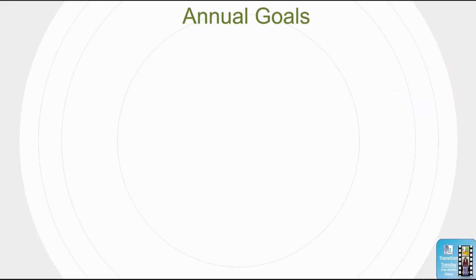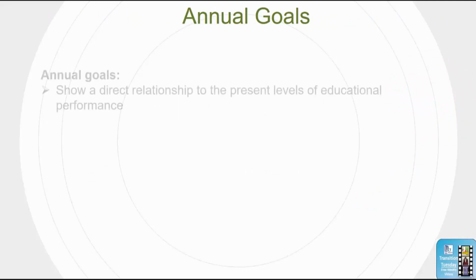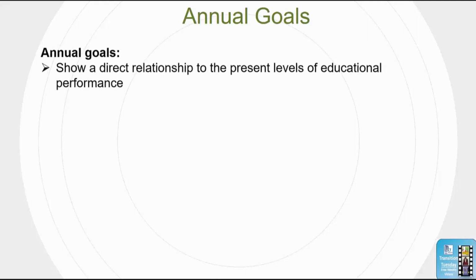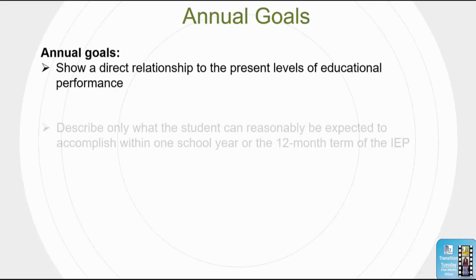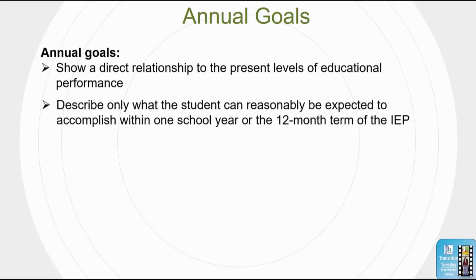Let's talk specifically about what annual goals should contain. Annual goals should show a direct relationship to the present levels of educational performance. They need to describe only what the student can reasonably be expected to accomplish within one school year or the 12-month term of the IEP.